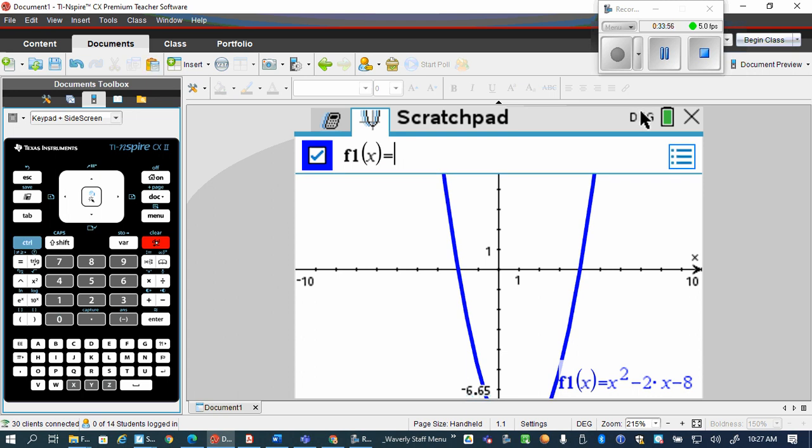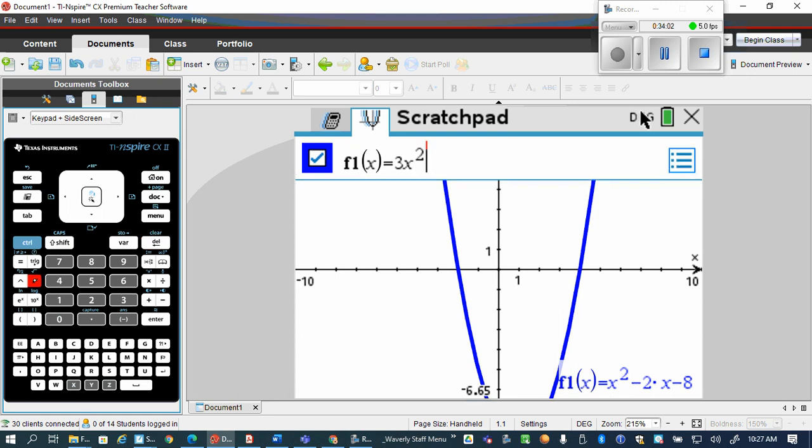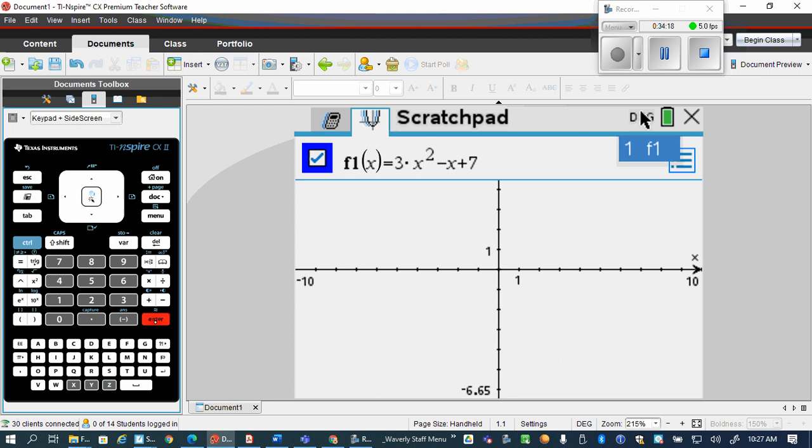And what was that? 3x squared minus x, no, I took it off. Well, when I hit enter on here, it'll delete that. I deleted the table, or entry. Plus 7. It doesn't even show up on there, right?